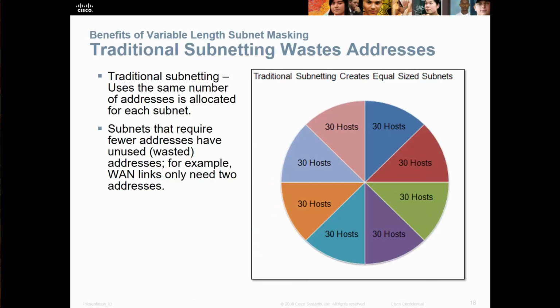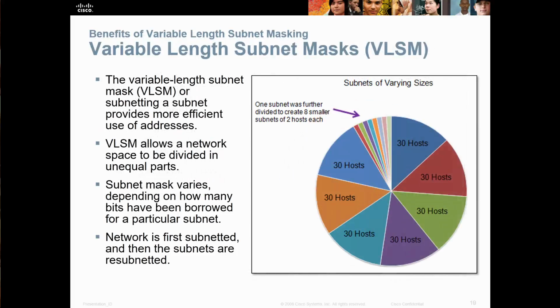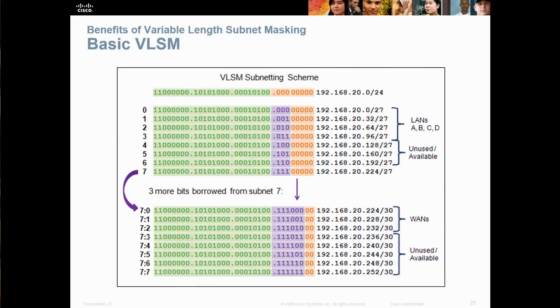So traditionally, we would all do equal sizes. But with variable length subnet masks, we create the subnet depending on the networks. For example, we may end up with one /26, and we may end up with several /27s.